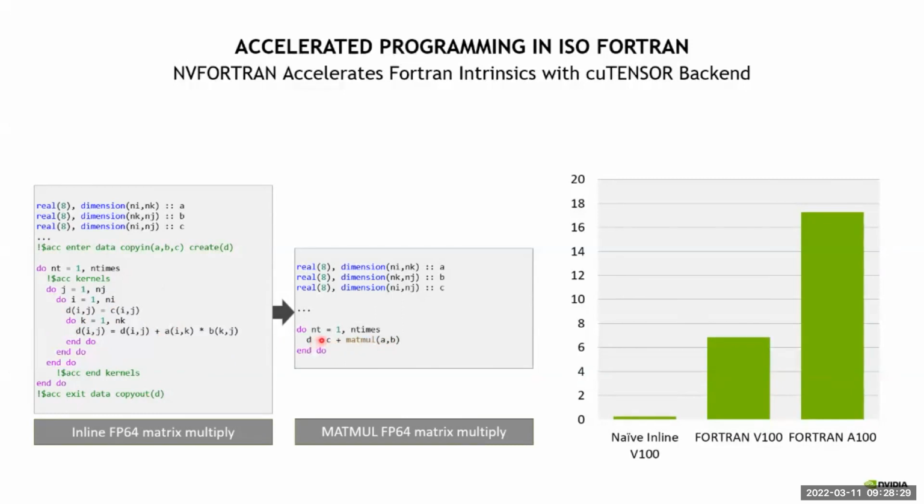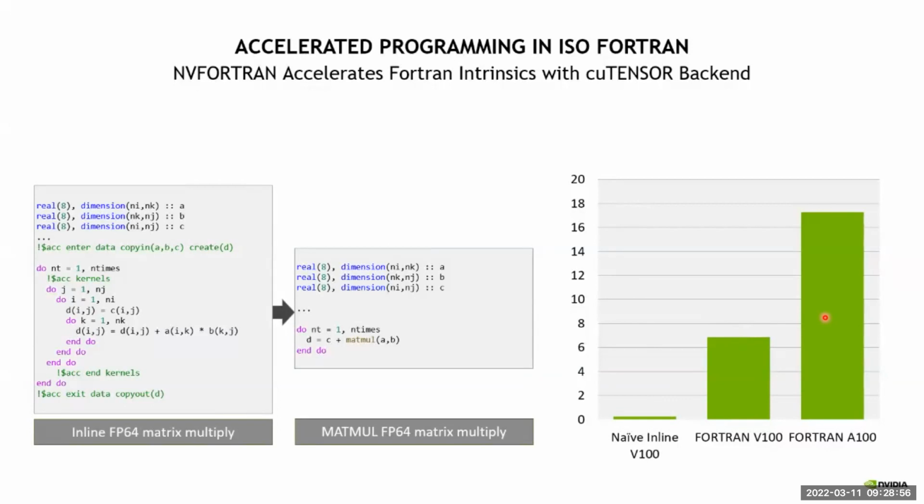And by writing it this way, rather than this naive inline Fortran, we're able to map it directly to our math libraries. And so you can get very high performance, the same kind of performance you'd expect by calling into something like cuBLAS automatically. And you can expect that when new library improvements come out or new hardware comes out, the performance will scale with those improvements.